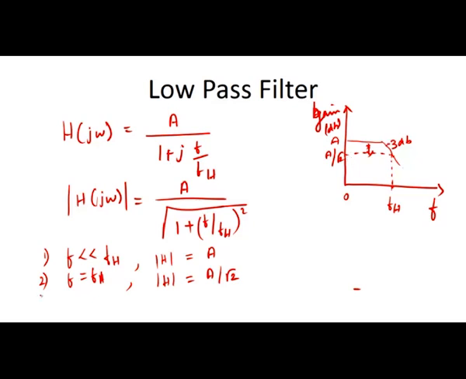And for the third case, if f is greater than fh, then the magnitude of the transfer function will be, substitute a greater value than this fh, then the 1 will be neglected, only this term will be there, and if you take the root of the square term, then you have a greater value in the denominator of the transfer function.